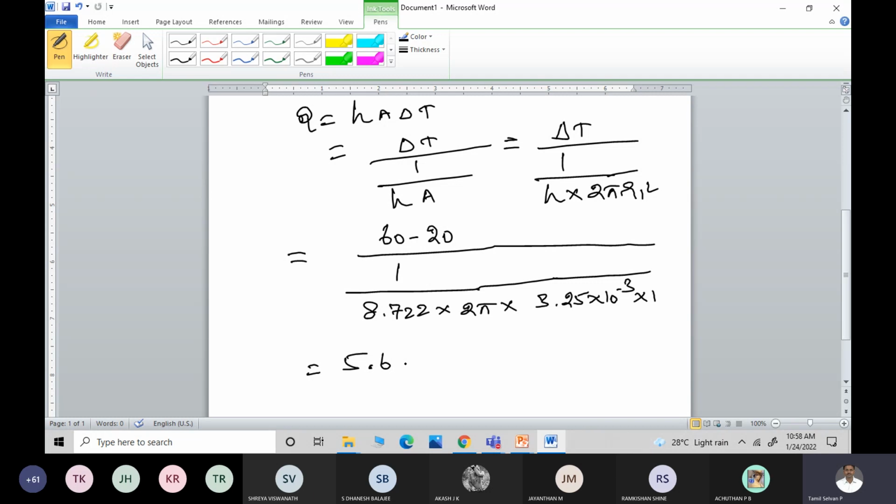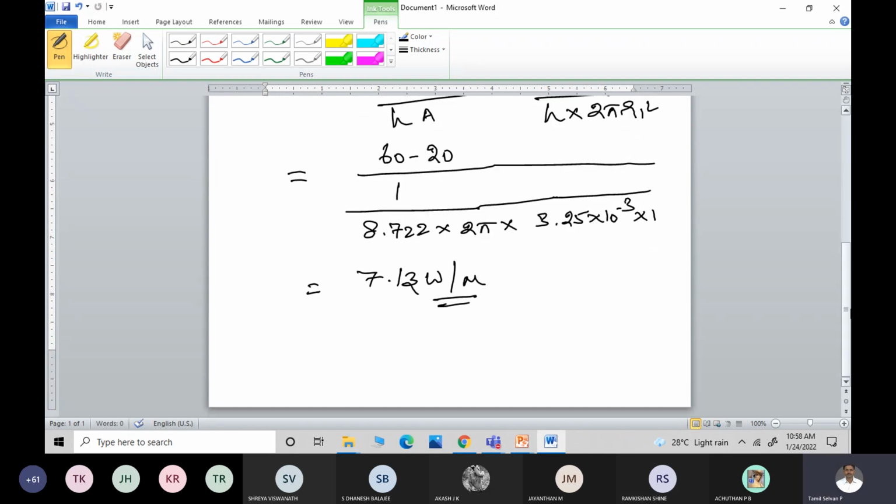That's correct, 7.13. If you calculate like this, you won't get any marks in the exam. So it is 7.13 watt per meter length. This is the first case.